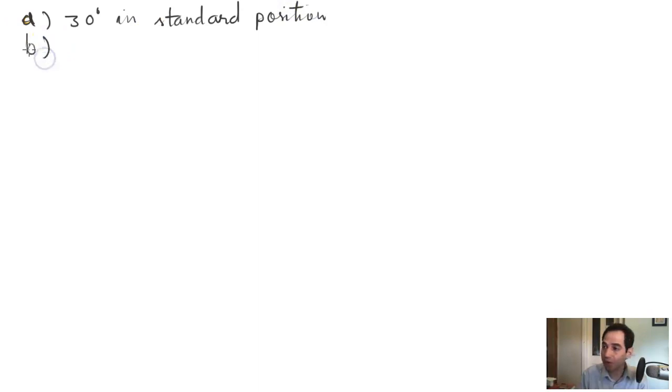Part A is 30 degrees in standard position, and part B of the question is sketch an angle of negative 135 degrees in standard position. So we want to sketch these two angles.